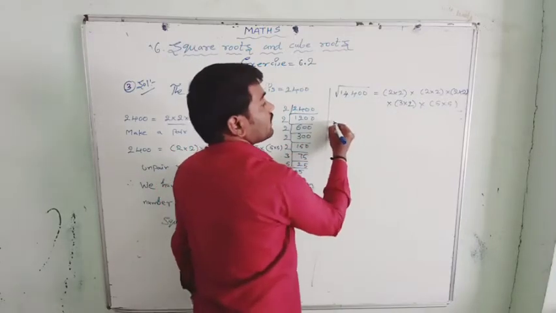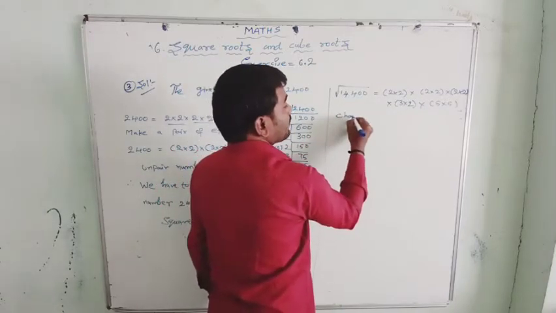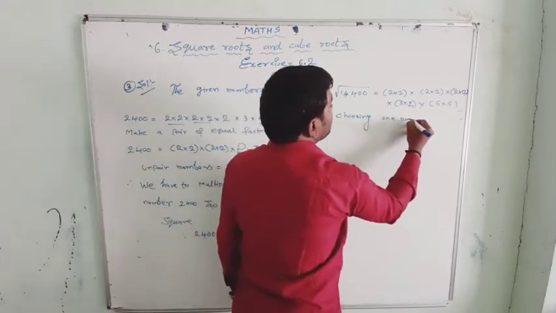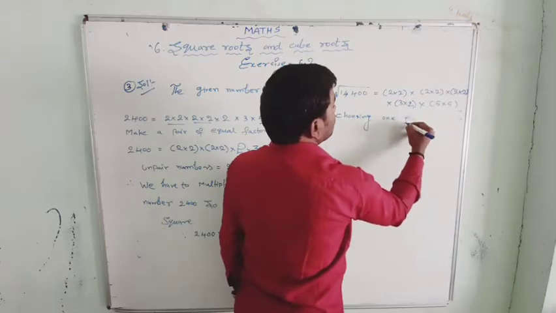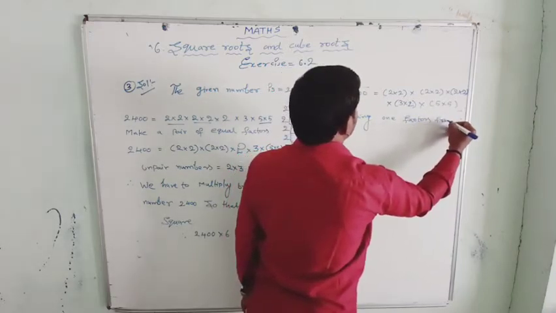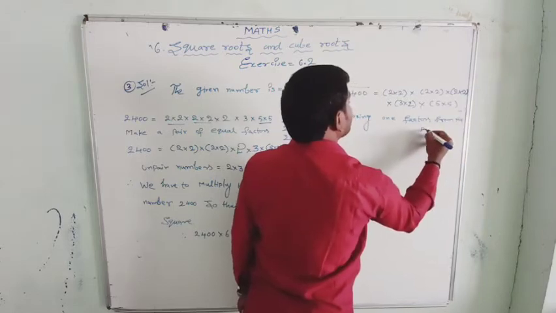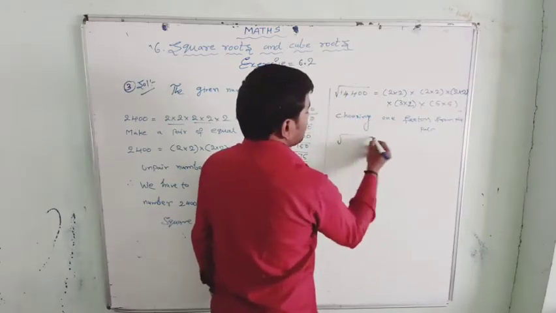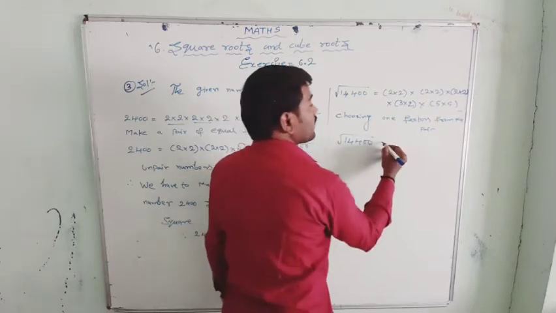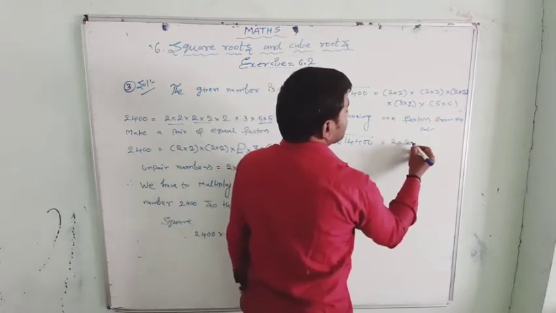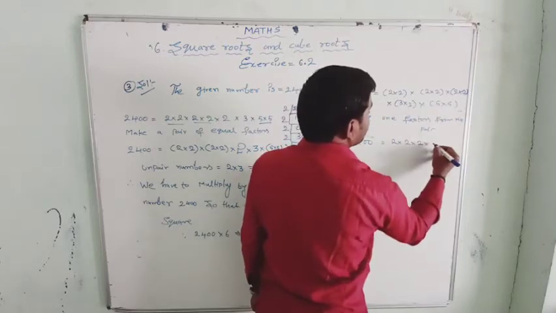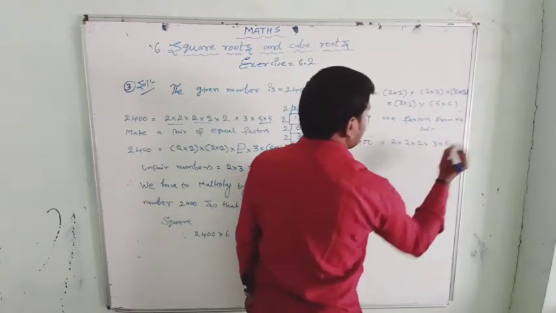So let us choose one factor from each pair. The square root of 14,400 equals 2 into 2 into 2 into 3 into 5.